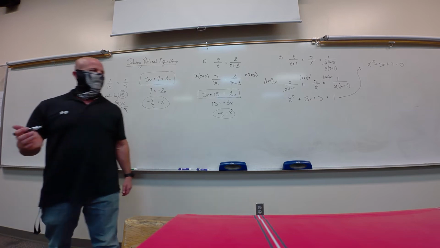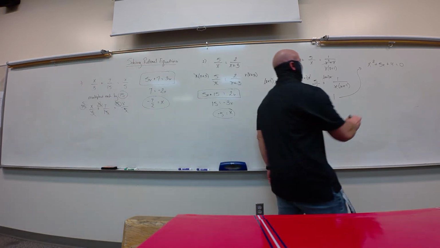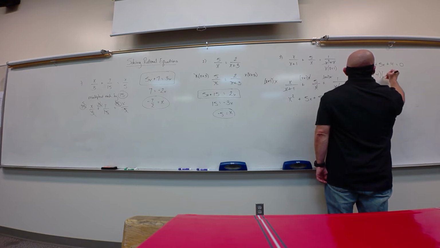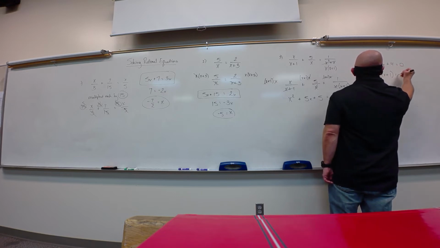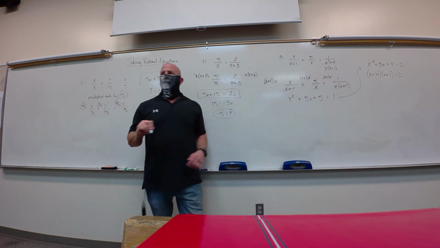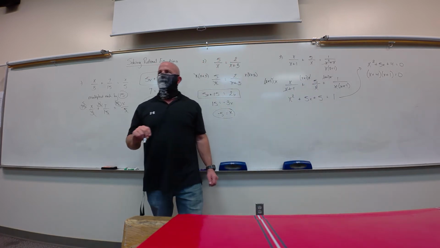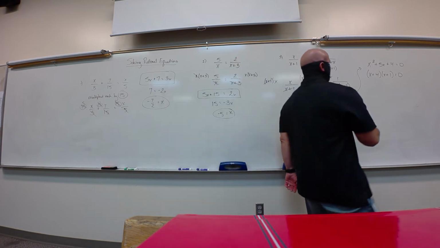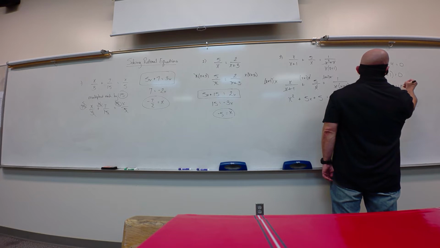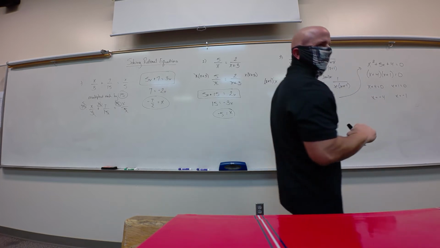So we're going to factor this: x plus 4, x plus 1, equals 0. And if you remember, we set each piece equal to 0, like we did in that last unit. So x is negative 4 or x is negative 1.